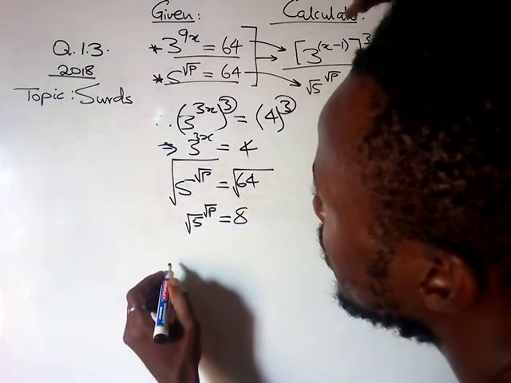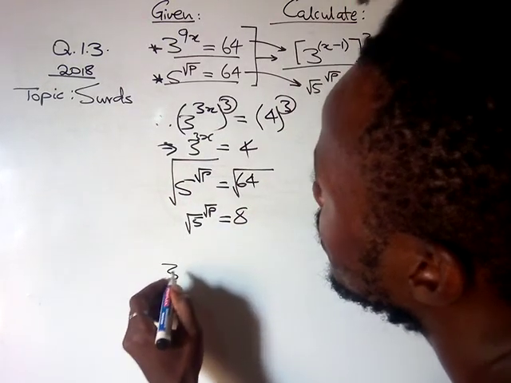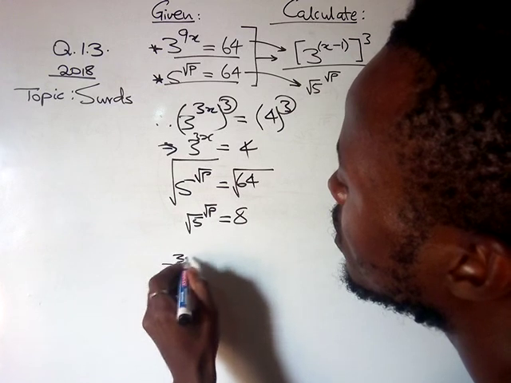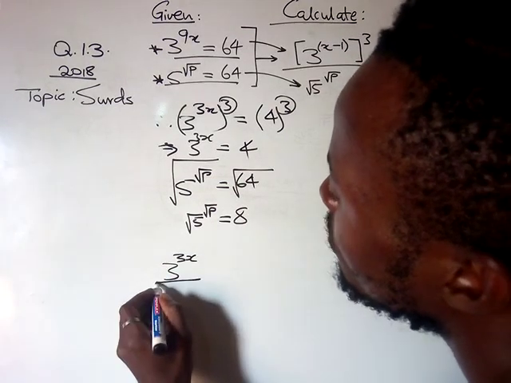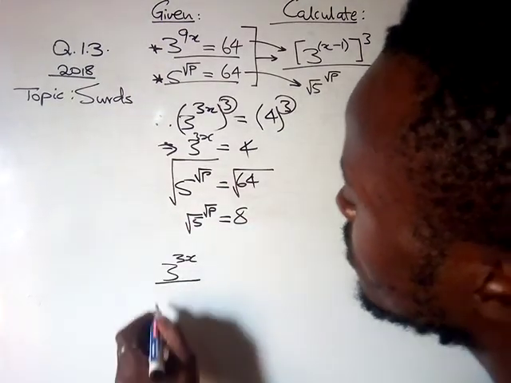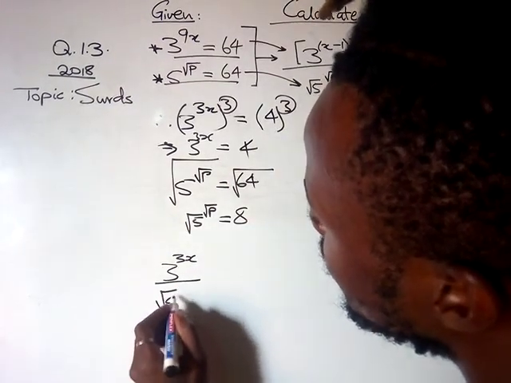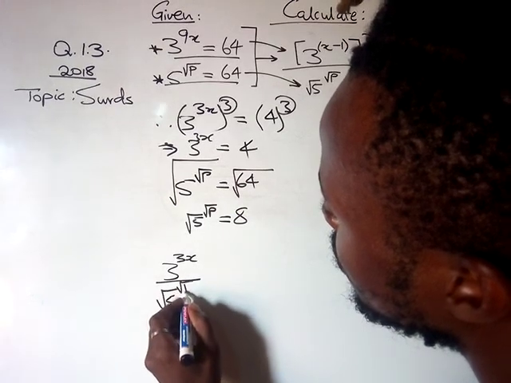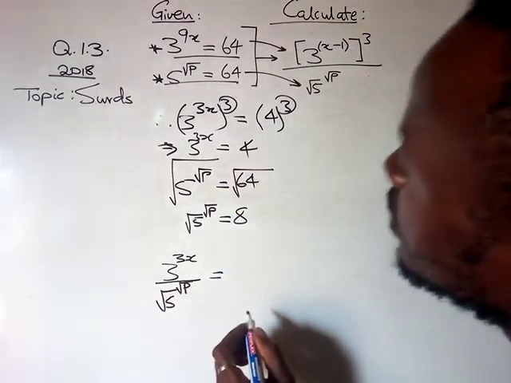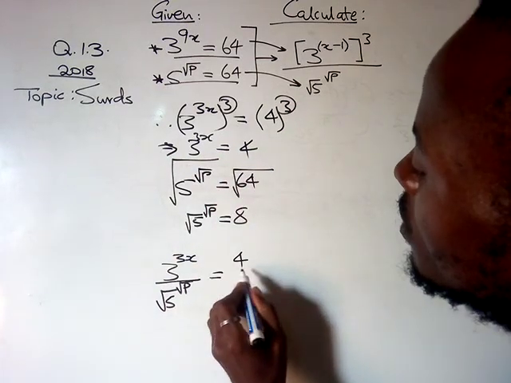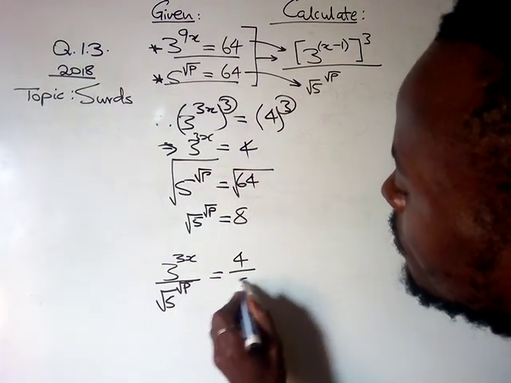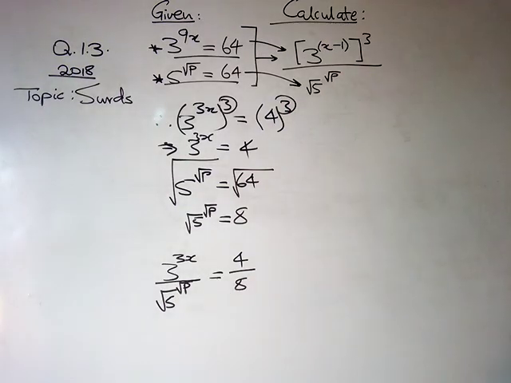We have 3 to the 3x all over the root of 5 to the root of p. This is going to be equal to 4 all over this 8. So already we have 1 all over 2.